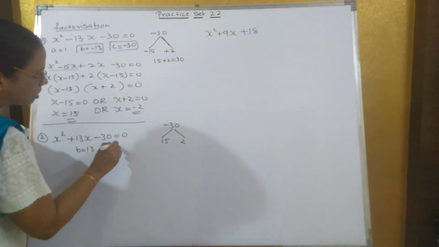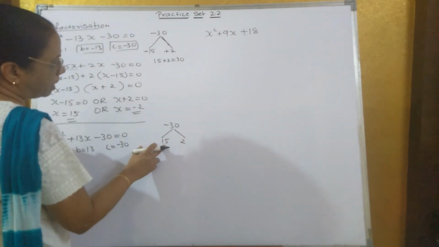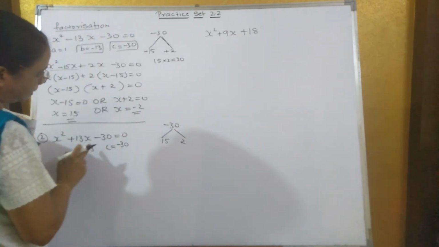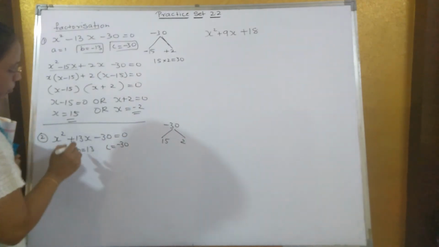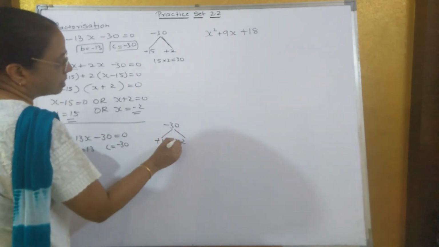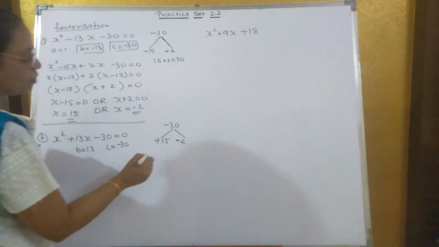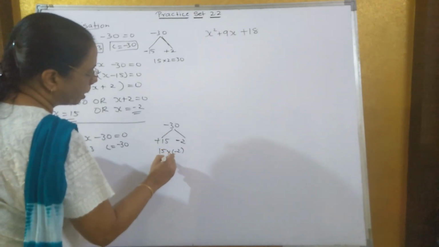Over here C is equal to minus 30. So break up the minus 30 in such a way that you subtract and get the B value. Over here it is minus, that is why subtract. But over here the B value is plus, so the bigger number will get plus and the smaller number will get minus. If you multiply 15 into minus 2, what do you get?